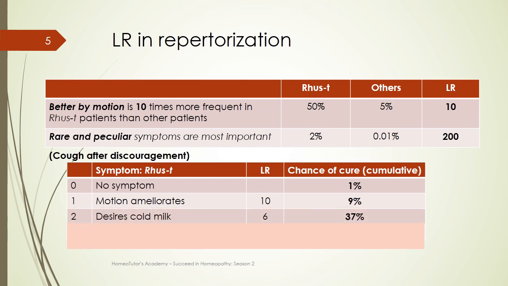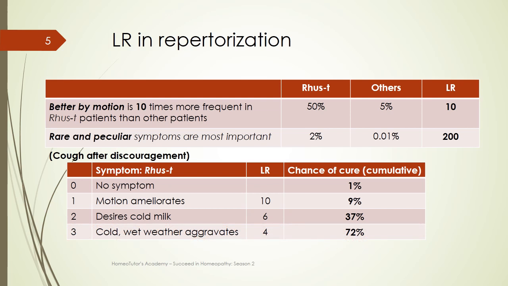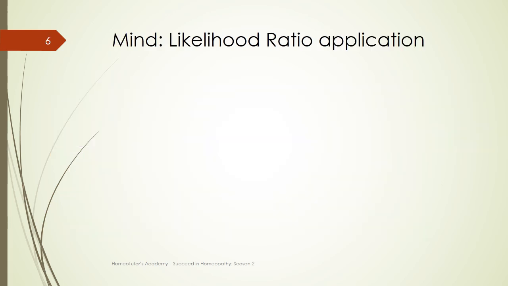If the patient also has a desire for cold milk, and the LR for that is only 6, still our chances of cure have increased from 9% to 37% with 2 rubrics. If we add a third rubric, that cold wet weather aggravates, and the LR for that is even lower, just 4, still the chances of cure or finding the correct remedy have increased to 72%. So this is pure mathematics.